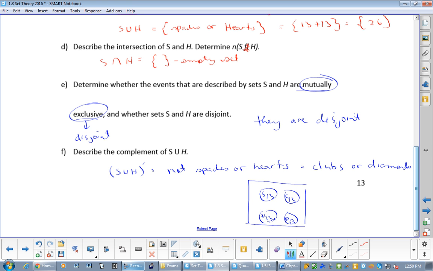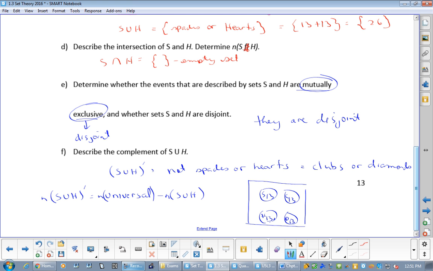Okay, now there's another thing that I want to show you. Here is the formula for finding the complement of S union H. So you'll see this formula a lot. It will save you. It equals universal minus S union H. So if I put n there, n universal, right?